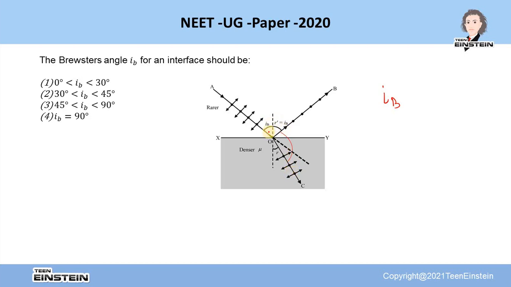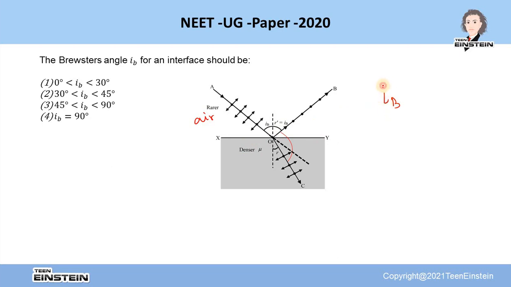So that's how by reflection light can be polarized, but this angle of incidence has to be a particular angle of incidence for a particular interface. Suppose this is air and this is a denser medium having refractive index mu.